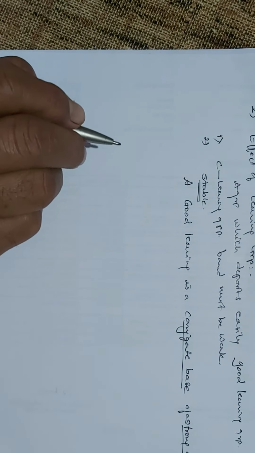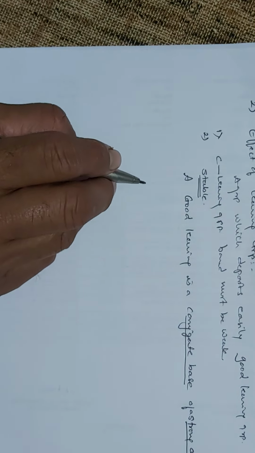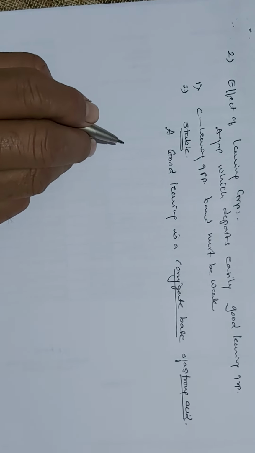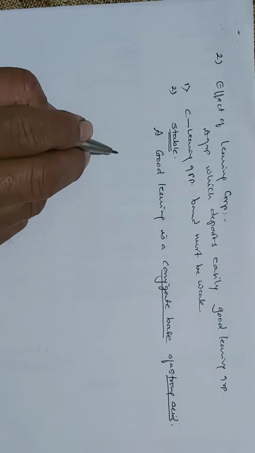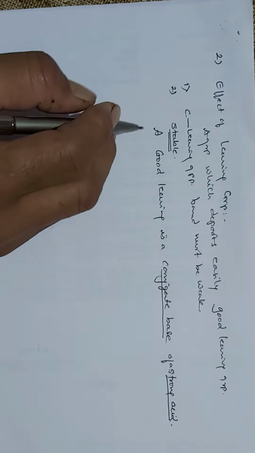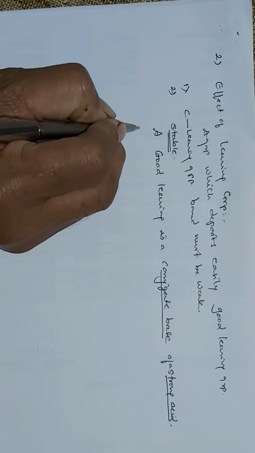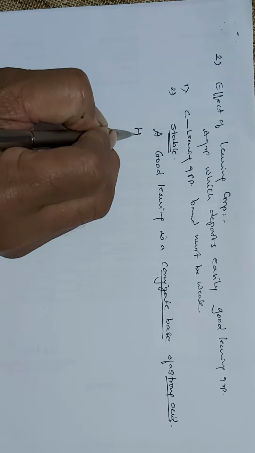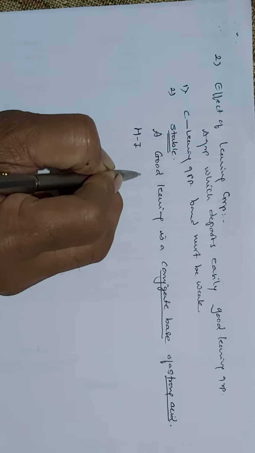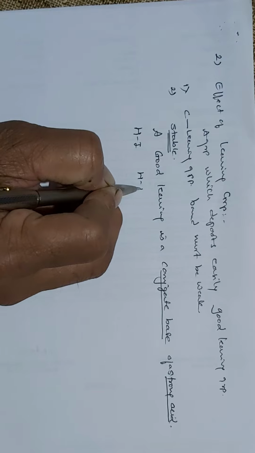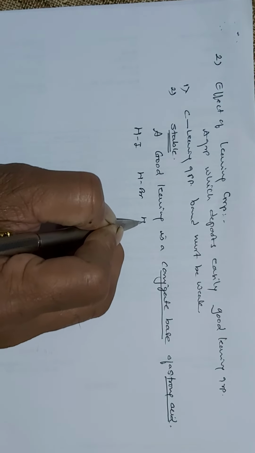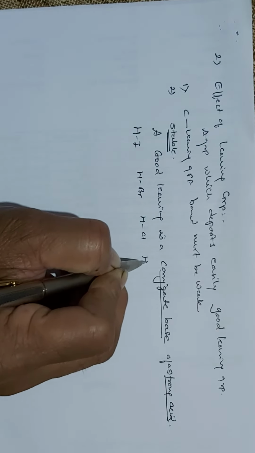So if you see, we all know the strong acids: hydrogen iodide, hydrogen bromide, hydrogen chloride, and hydrogen fluoride.